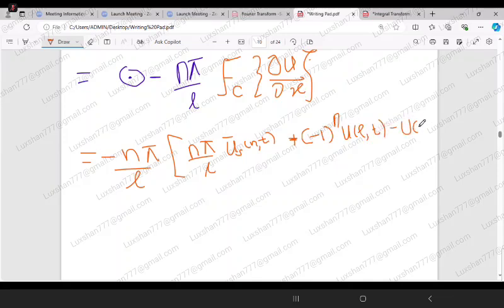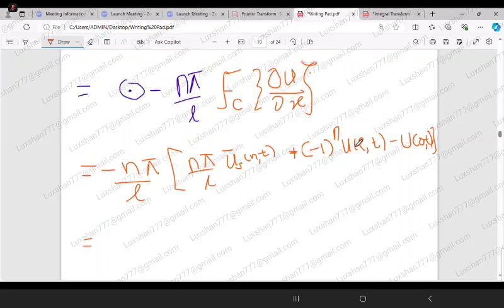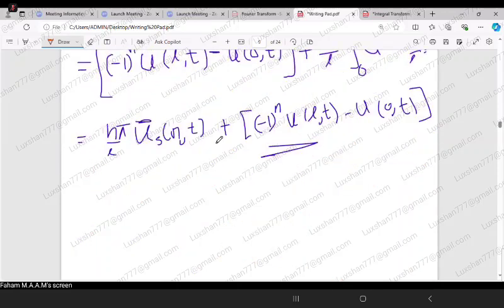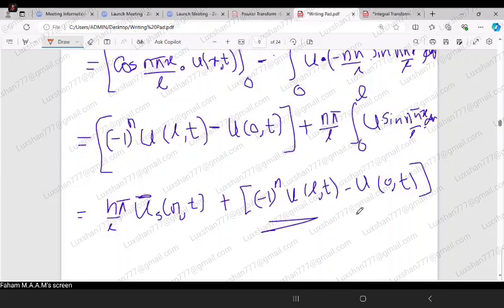Minus u 0 comma t. So if you simplify, this is minus here. So this one is minus. So I'm correct, no?